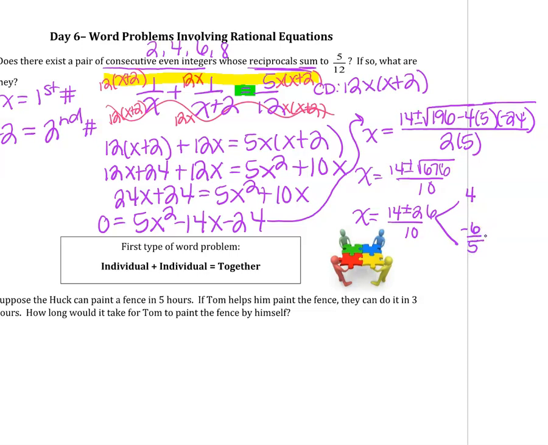Now remember what you were looking for. You're looking for consecutive even integers. Negative 6/5 is not an integer. So that rejects. So 4 would be my first integer. 6 would have to then be my second consecutive even integer.